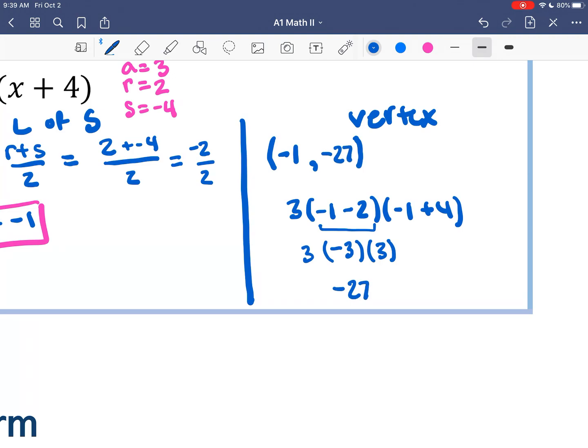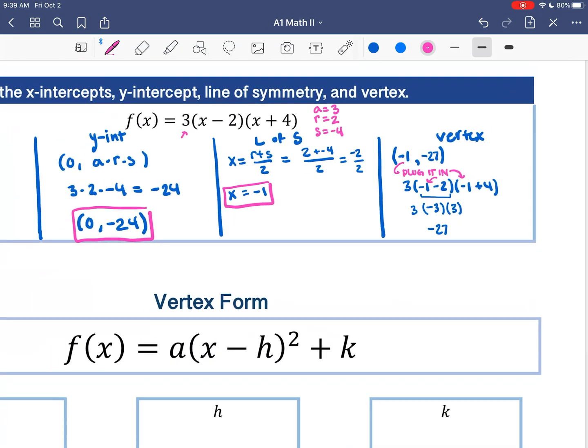So that is our y value. So again, what we did was plug it in everywhere there was an x to get the y.